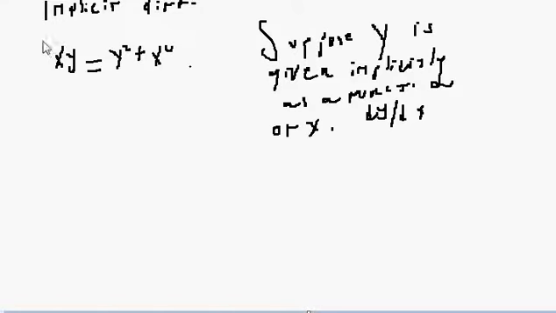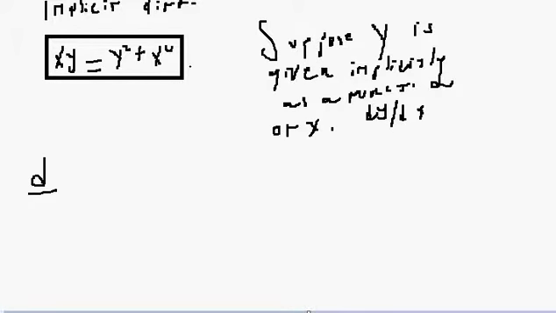So let's see how we're going to do this. Here we have a situation where we have a product on one side and a sum on the other. So we're going to apply d dx to both sides of this expression given here.